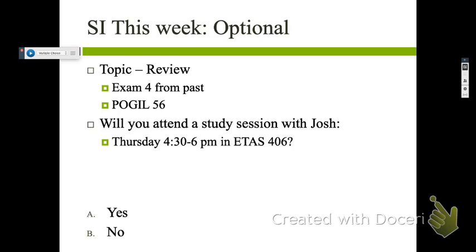So what I want to know is, since this is not for credit, this is only to support you in your learning, I'm going to offer these 3 times, and I want to know if you will go to these so we know which ones to offer. Josh is going to offer most likely 1 or 2 of these times. If people aren't going to go to them, we're not going to hold them. We're going to have a 5-person minimum for them.